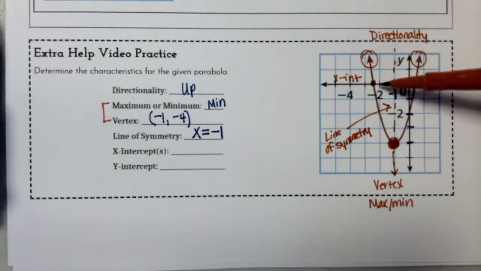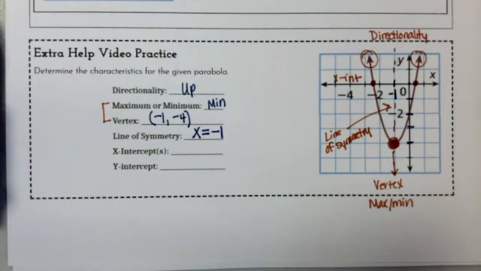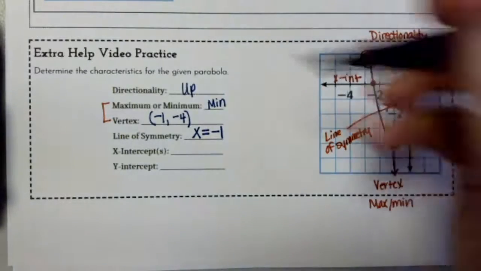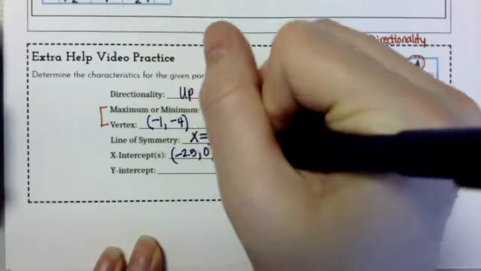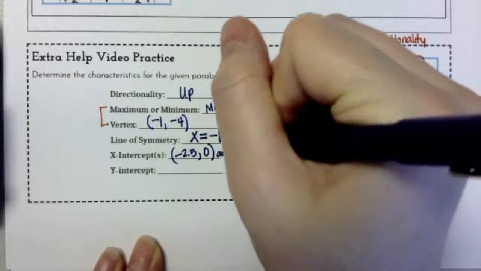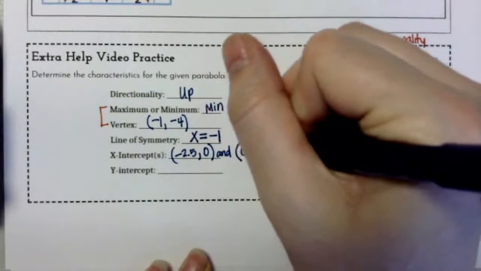These are going to be decimals, so I'm just going to guess at what they are. This looks to be between -2 and -3, so maybe -2.5. And the other one is right between 0 and 1, so I'm going to say 0.5.